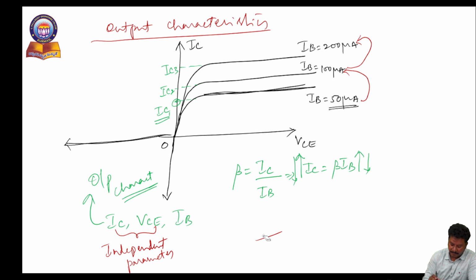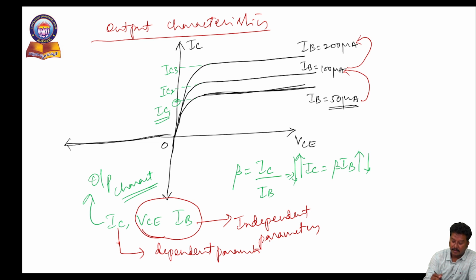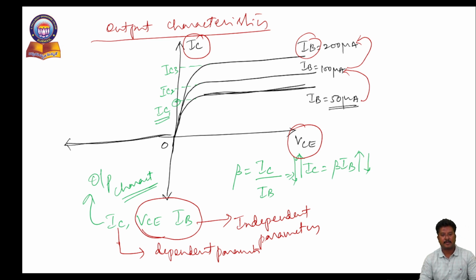It is completely opposite I am coming across, where VCE and IB are independent parameters, whereas IC is the dependent parameter. You please modify this. Output current is dependent. Input current and output voltage are independent parameters.